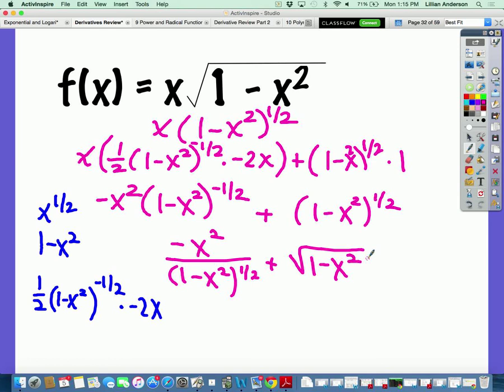You have to use the common denominator to add them. Negative 2x times 1/2 is a negative x, times x is a negative x squared. Other questions?